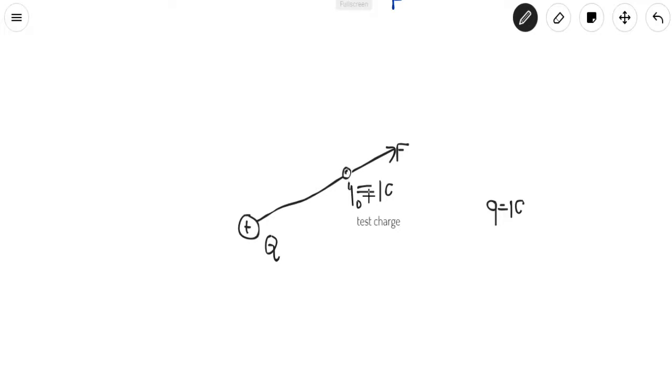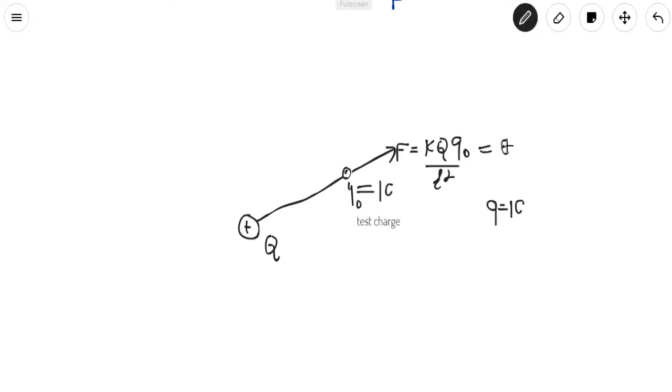In our case, this is q naught, the test charge, it is 1 coulomb of positive charge. The force that acts on it is called the electric field. And how much is this force? You know the equation: k times the charge, this positive Q, times the other charge, q naught, the test charge, divided by the distance between them, suppose it is r, so r square. So this is the electric field.